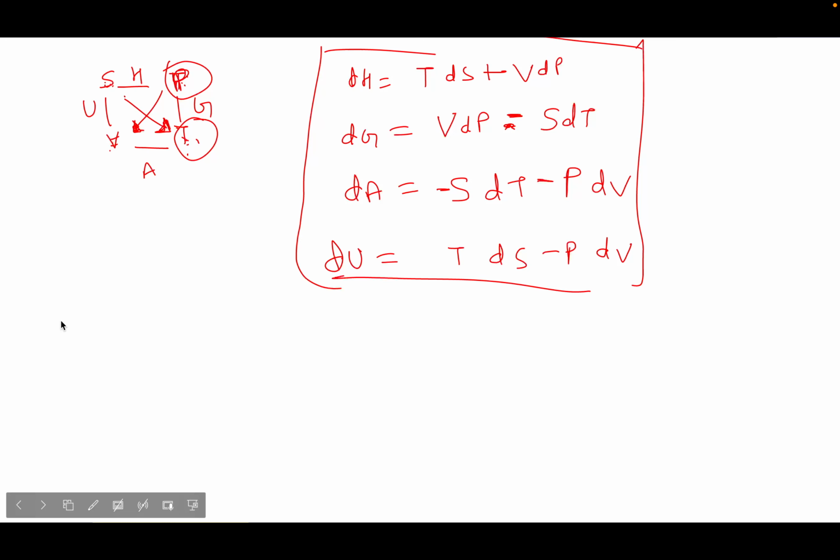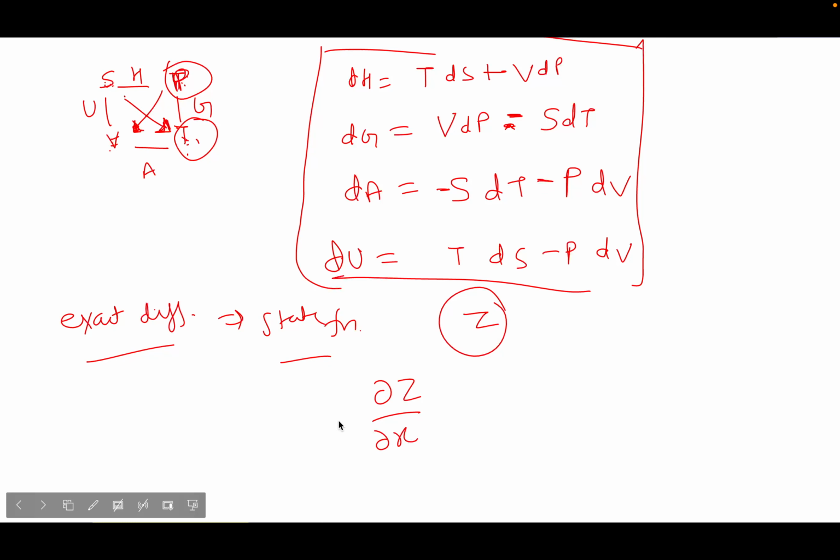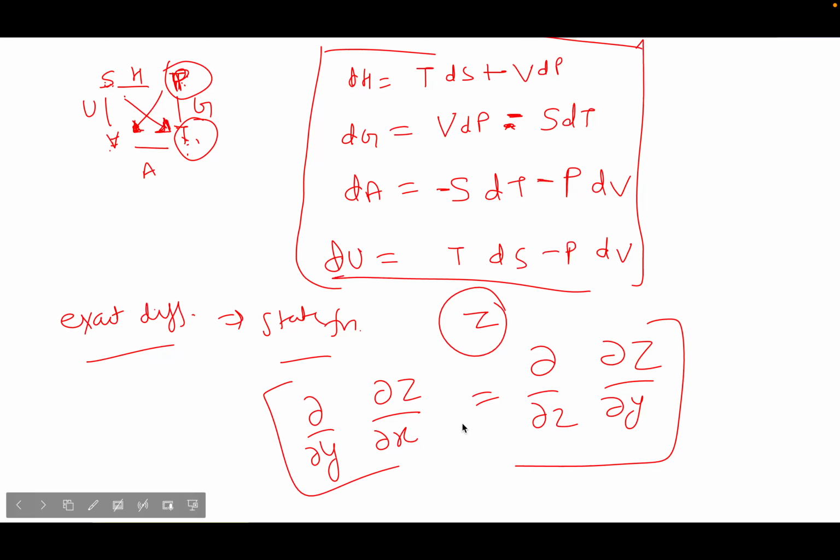Now we know that exact differentials are state functions, and all these H, G, A, U are state functions. For such a function, let's say this is Z, a state function, if we differentiate with respect to X and then with respect to Y, it is equal to differentiating first with Y and then with X. So this is equal.